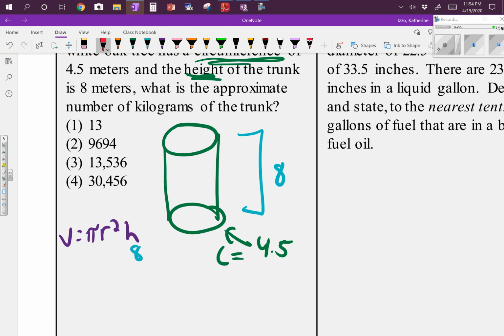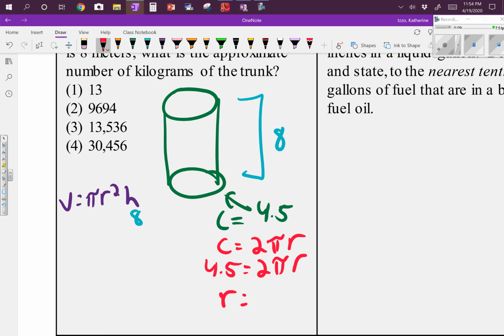So circumference is equal to 2 pi r. So 4.5 equals 2 pi r. And we are going to figure out what r is, either by doing menu 31 or by dividing by 2 and then dividing again by pi. Either one would work.